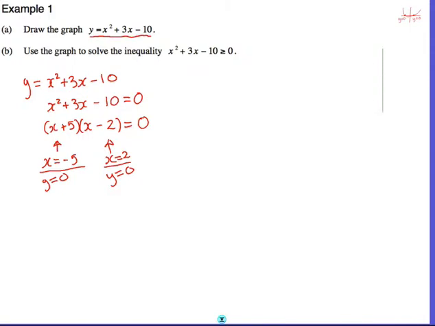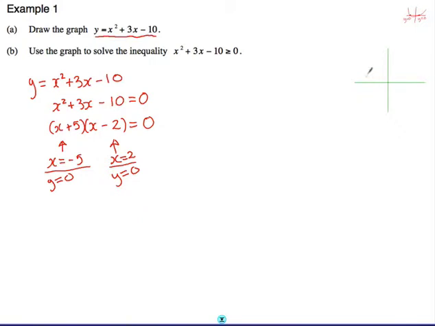So here's our y, and so here's our x, and it crosses at minus 5. Say this is minus 5, and it crosses at 2, and our quadratic would look something like this. So here's our quadratic. Now how is this going to help us? We'll find out in part B.